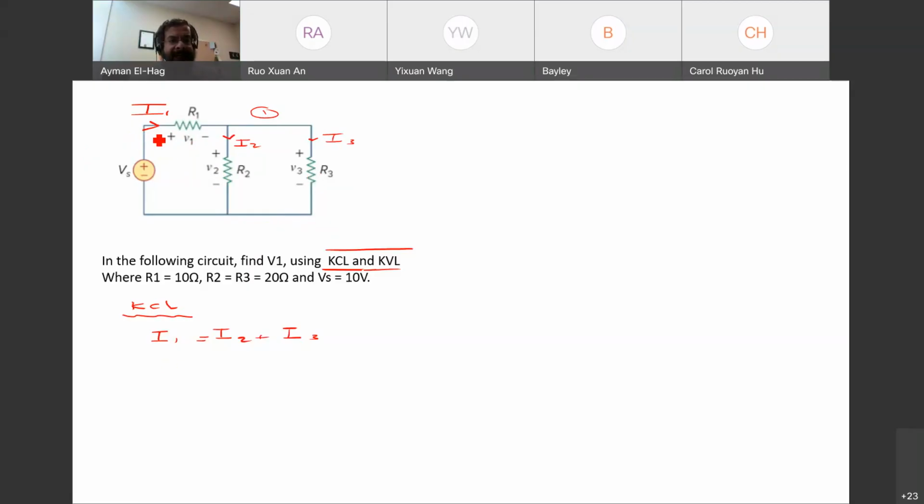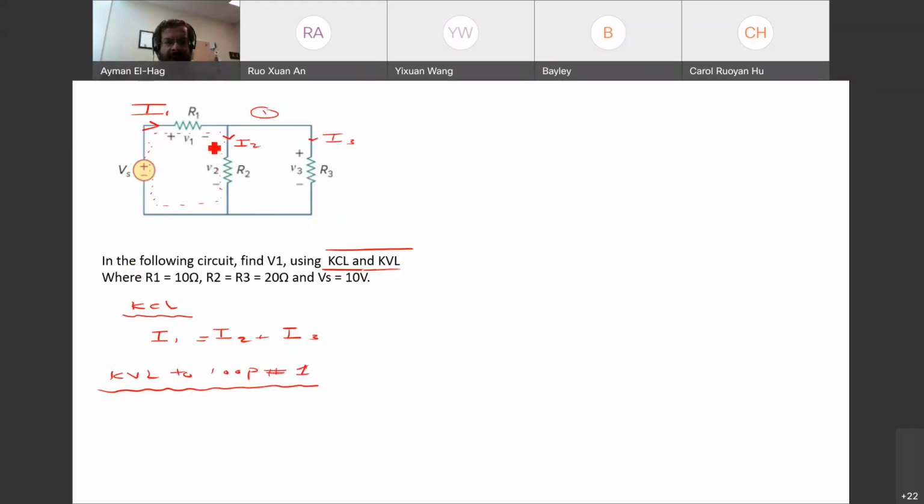So now we have here one loop. So KVL to loop number 1. Now we need to use KVL along with Ohm's law.